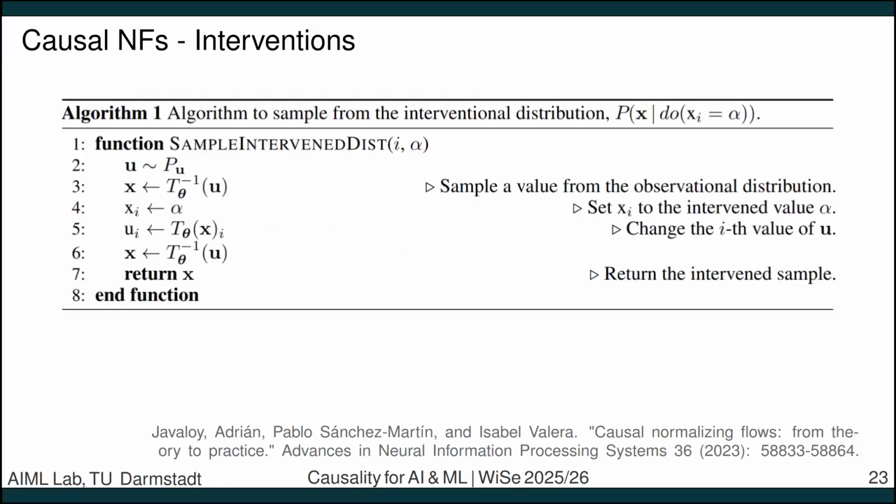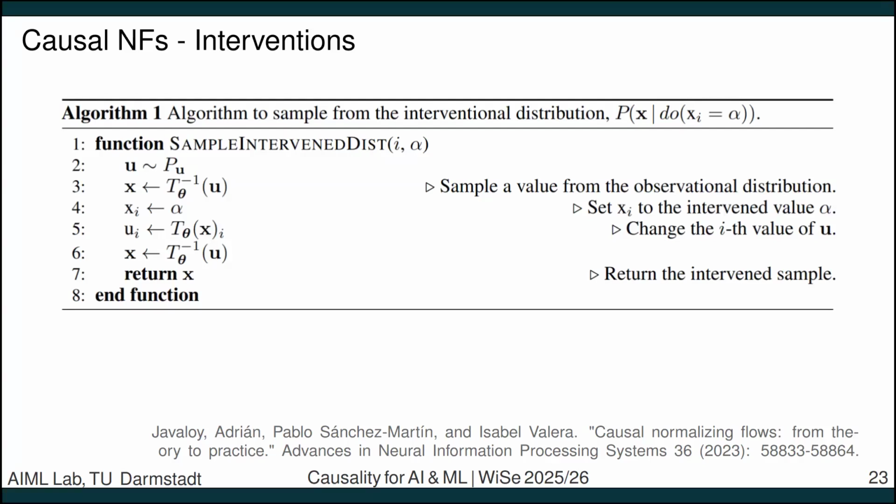So here it's the algorithm from the paper again, which is basically this. Instead of sampling u, as I said, you can also take an observational variable configuration and run the forward transform once to get those u's.